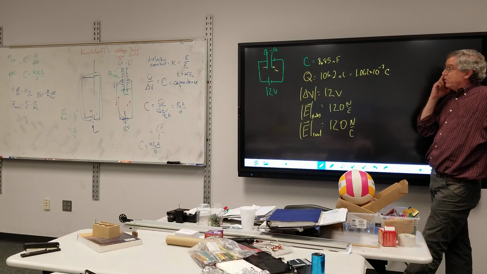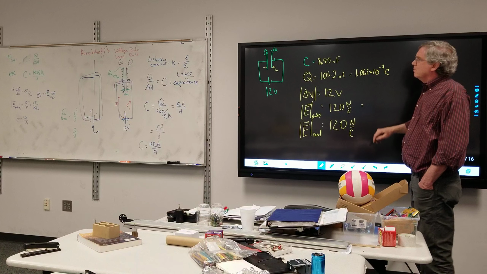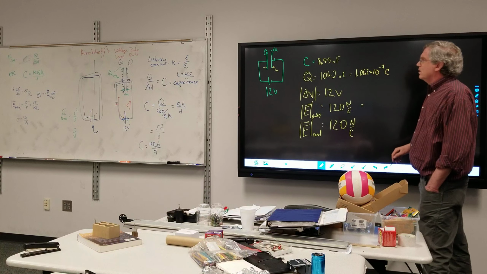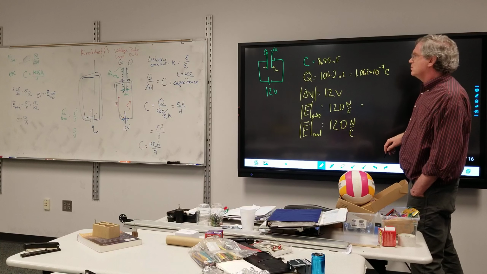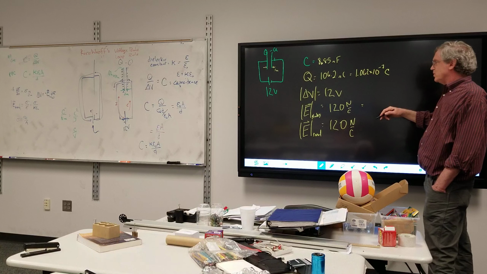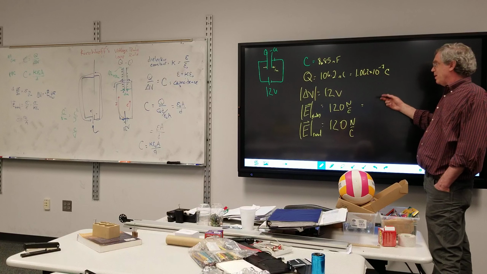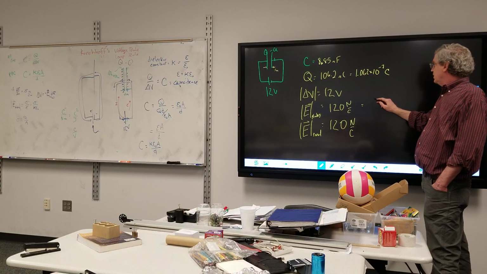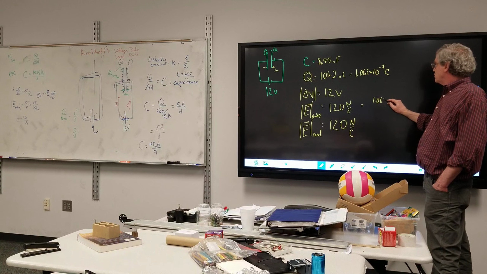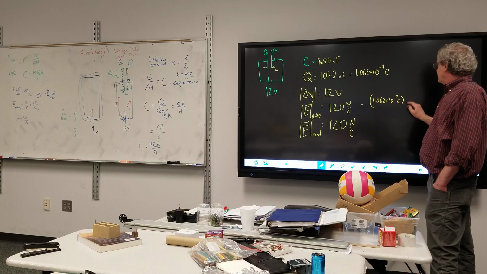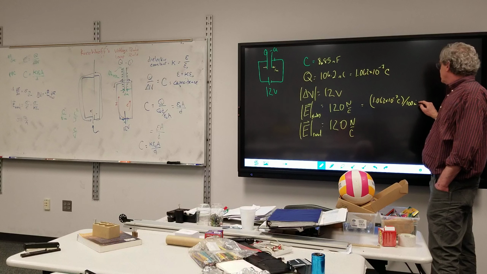Now, we could have done it the other way, using sigma over kappa epsilon naught. So we have 1.062 times 10 to the negative 7 coulombs divided by 100 square meters.